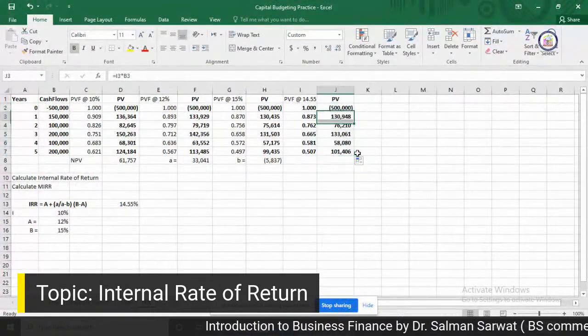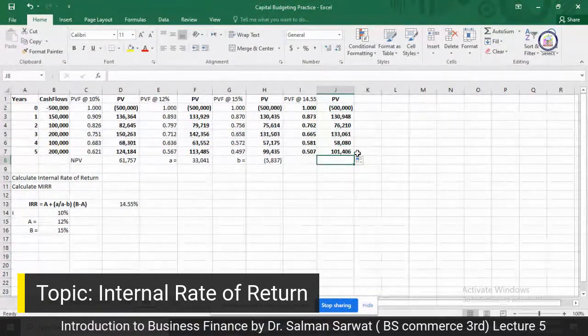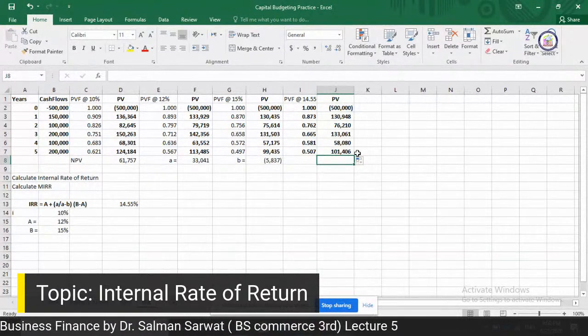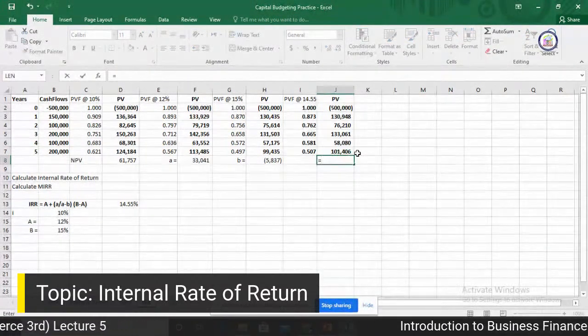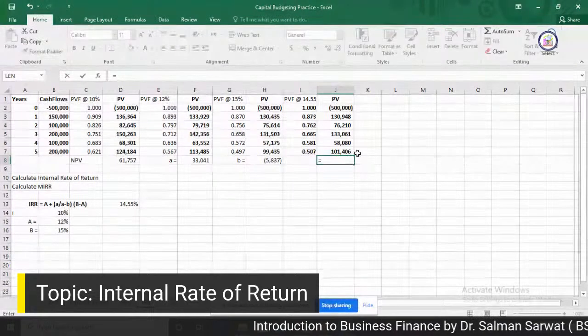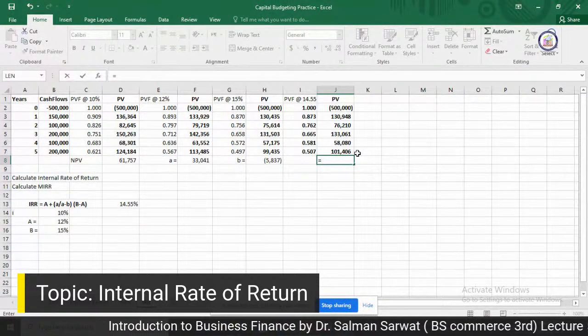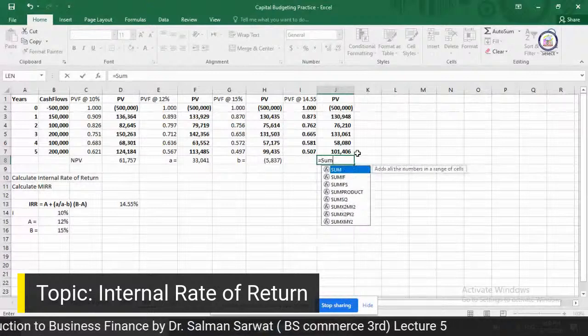By adding up all the present values of the cash flows, we will get the NPV. And since we are applying the internal rate of return, it means that the present value should be equal to 0.